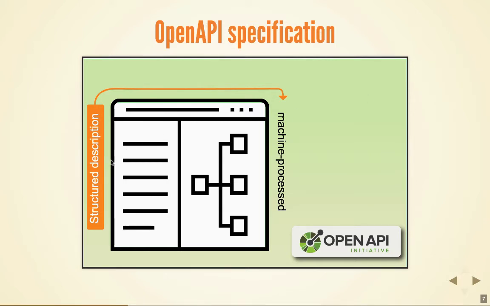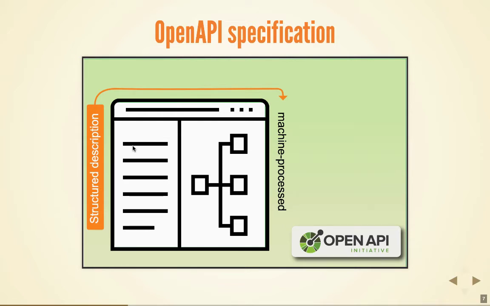Essentially, you have a structured description of your API. It has specific properties. And when you describe your API this way, different machines can process that description and do lots of things with it. One main benefit to technical writers is that these machines can produce interactive documentation with try-it-out features.